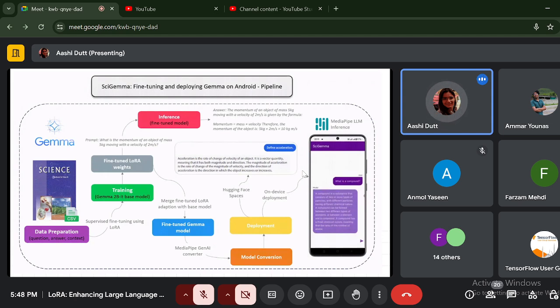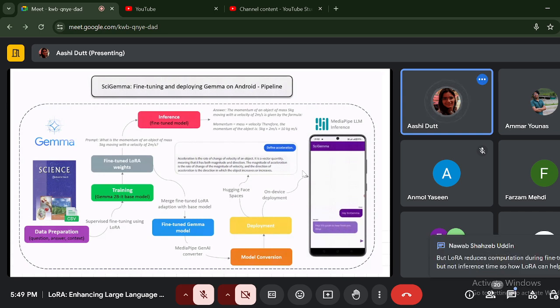So the Gemma model has around 2 billion parameters, and we fine tuned it and deployed it on Android, right? The whole app was around, I think, 2 GB or something, and it was way less compared to the apps or games you play on your smartphone these days, right?